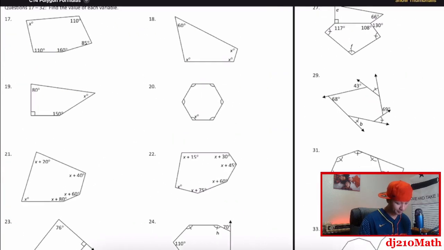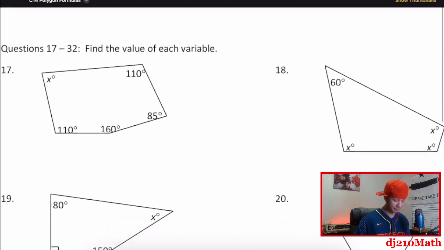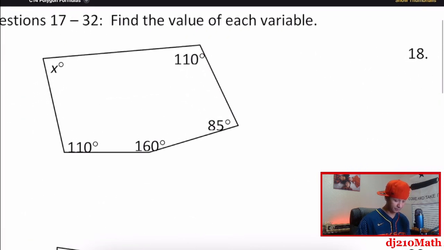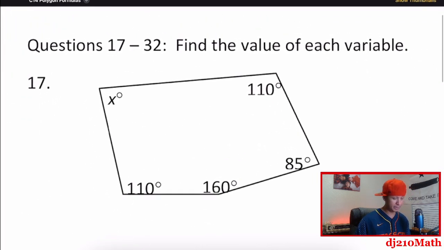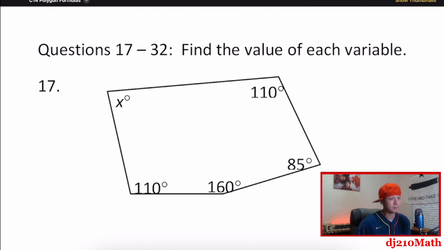Okay. Let's keep it moving. So the key here is going to be identifying how many sides there are, and then how many total degrees that polygon has. 1, 2, 3, 4, 5. So there's 5 sides. So this needs to add up to 540 degrees.